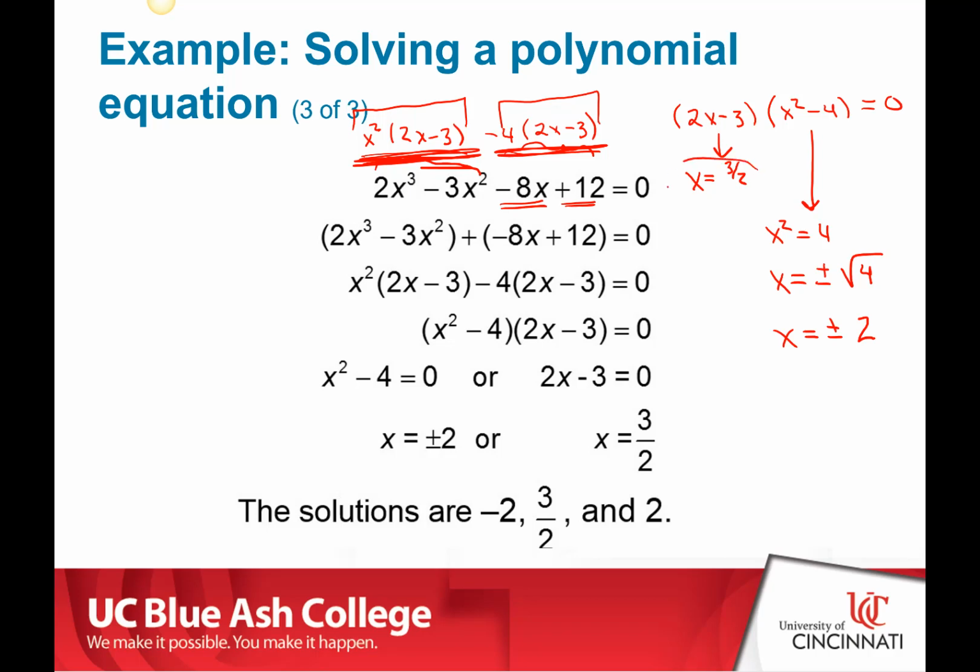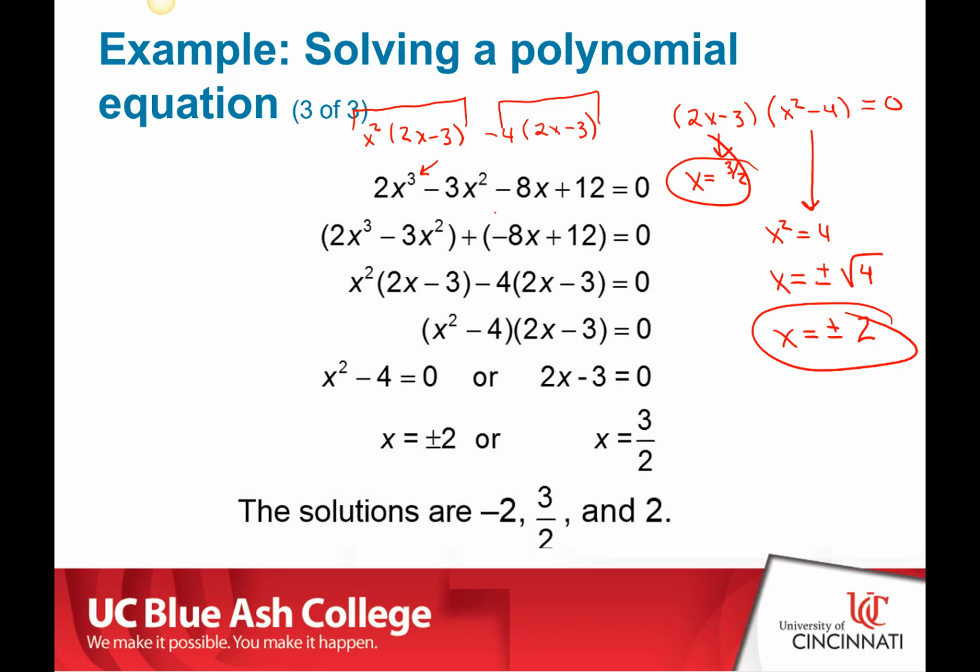So it gives us a total of 3 roots. Does it shock you that we get 3 roots out of this? Shouldn't. Why didn't it surprise you, Austin? Yeah. Your highest degree is 3, which says you're going to have how many roots? 3.